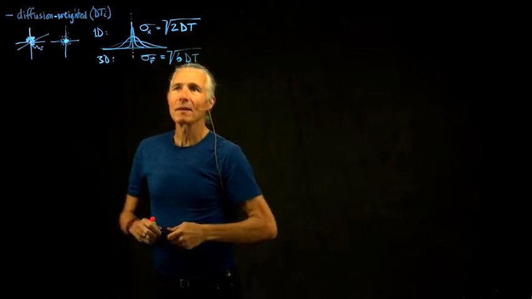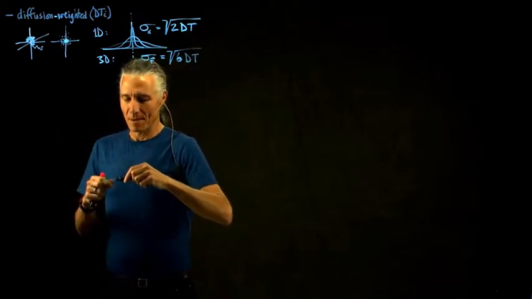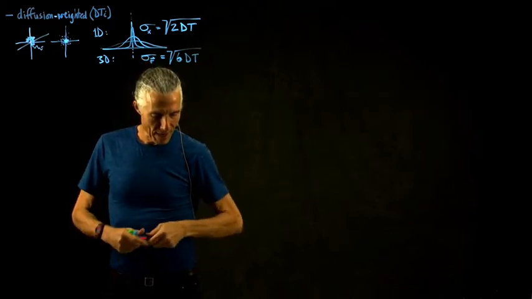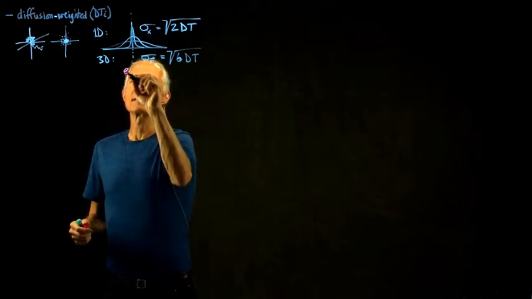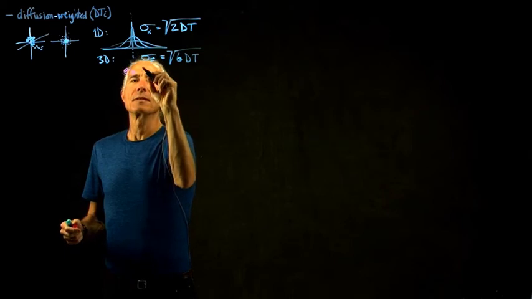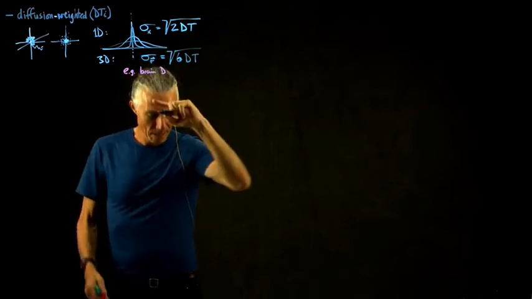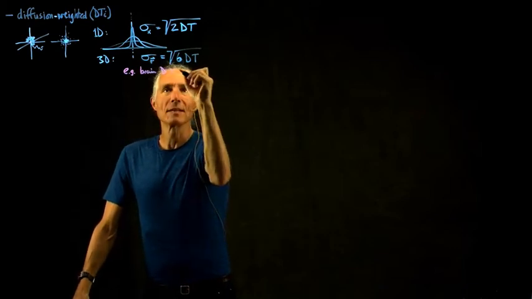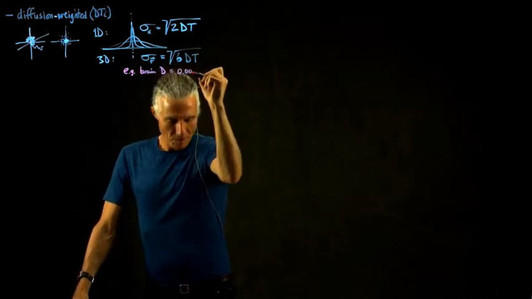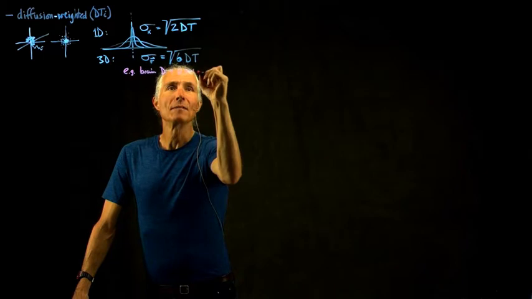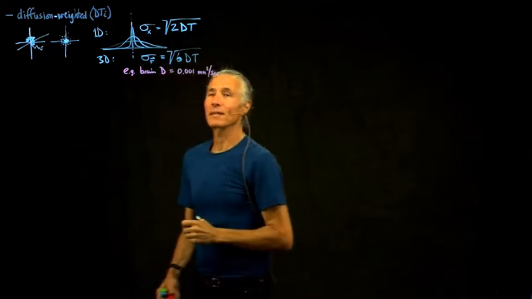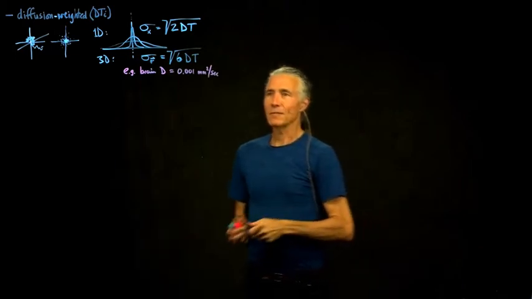And an example of the diffusion constant in the brain, for example, brain D equals something like 0.001 millimeters squared per second. That's the units of that constant.